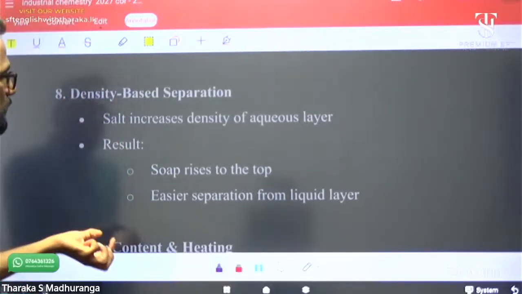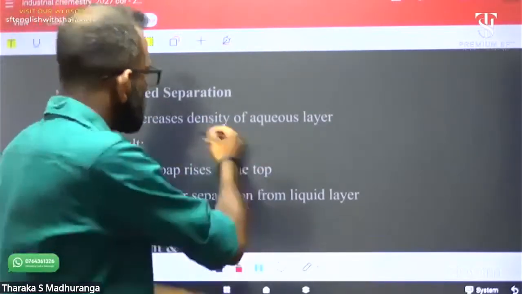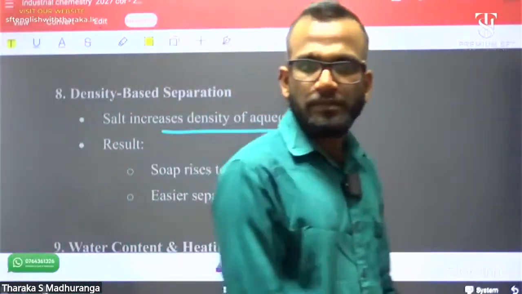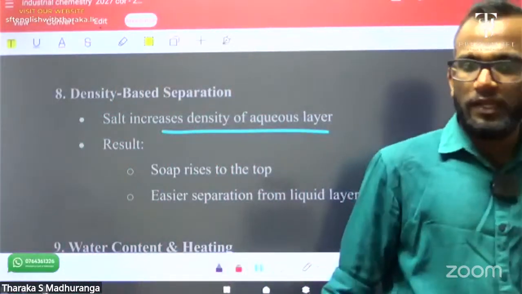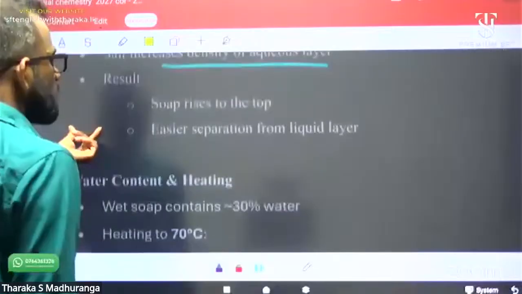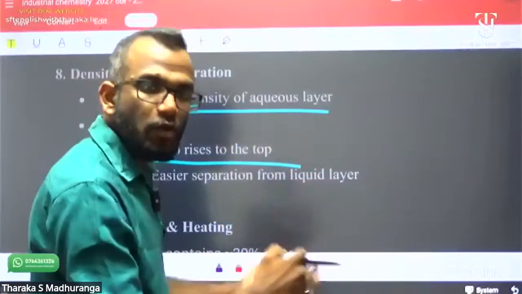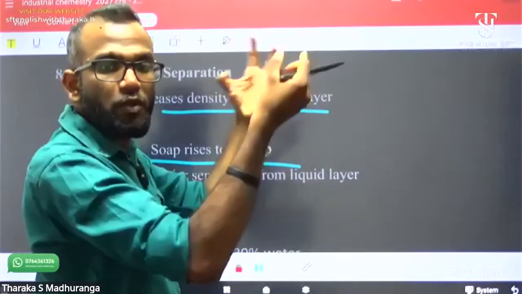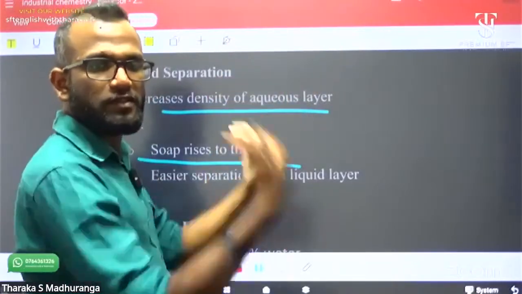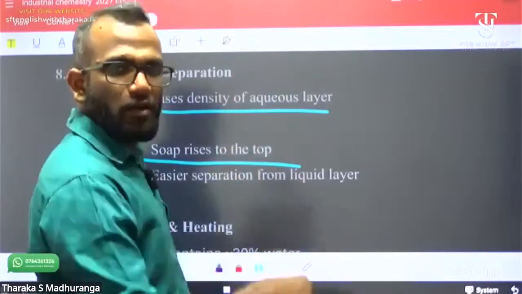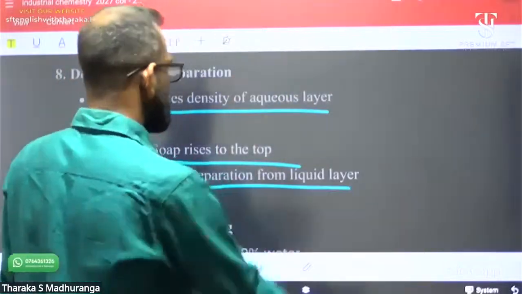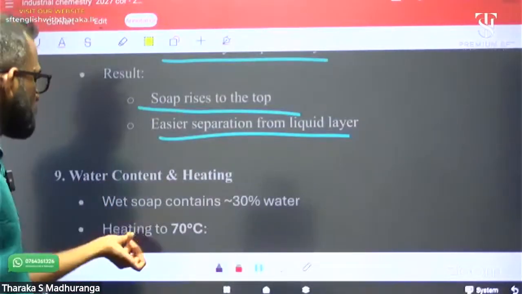Density-based separation: salt increases the density of the aqueous layer. Very important. In the centrifugation process, soap comes to the top because of low density, and the aqueous solution, glycerol and sodium chloride go down. Then the separation is easy.